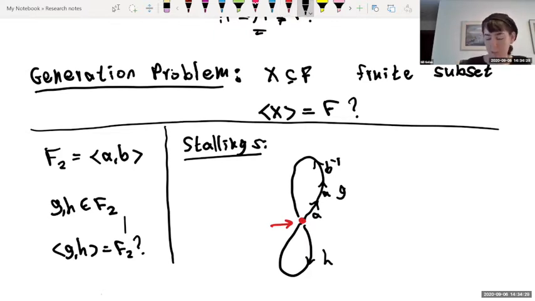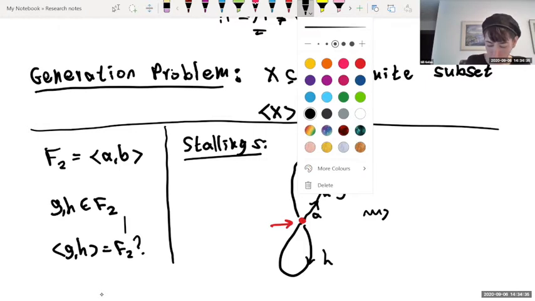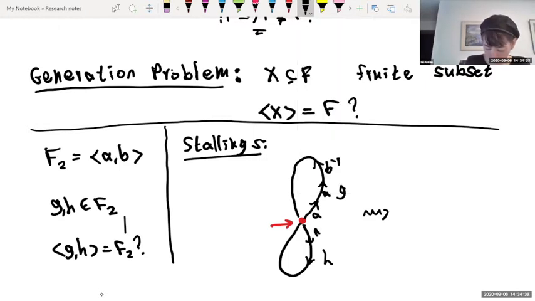And then what you do is you apply Stallings foldings. Whenever you have a vertex with two outgoing edges with the same label, like that, you want to fold these two edges, you want to identify them to the same edge.